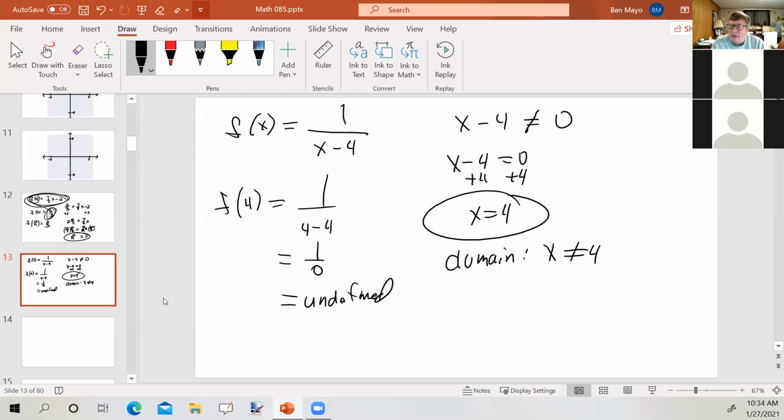Now, there's a variety of ways that you could express this. You could say the domain is x not equal to 4. Or you could say the domain is all real numbers except 4. There's a third way, and that's the way I want to focus on today.